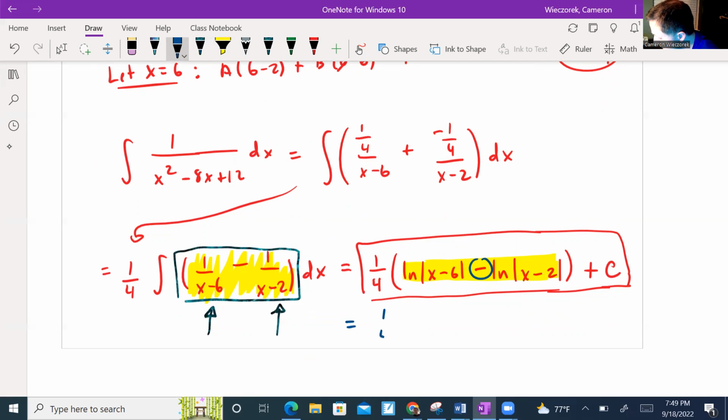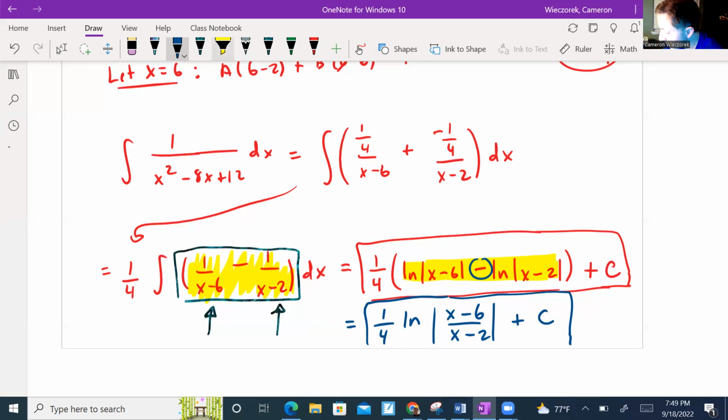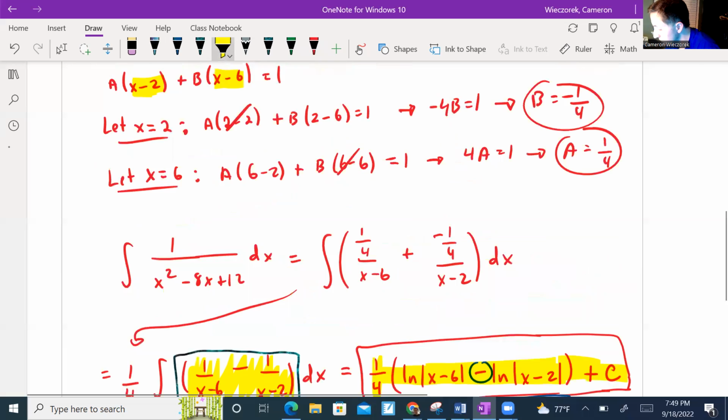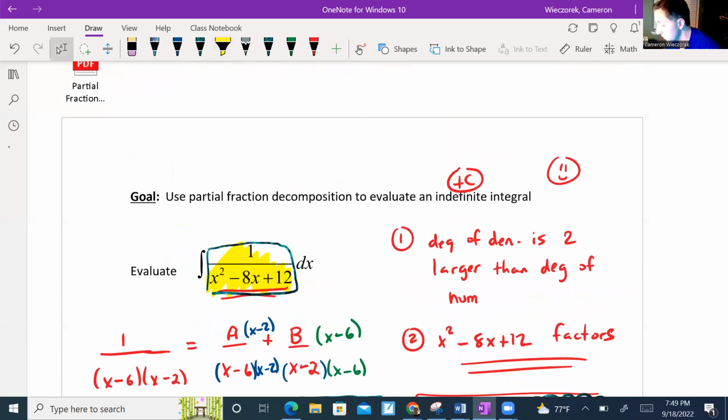So an identical form that you might see on a multiple choice question would be 1/4 times the natural log of absolute value x minus 6 over x minus 2. Subtracting 2 logs turns into 1 logarithm as long as you switch to division. But on a short answer question, feel free to leave it as I did before. So either one of these would be an acceptable solution and would give you an antiderivative, which evaluates the indefinite integral that we started with.